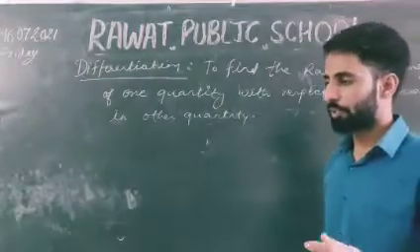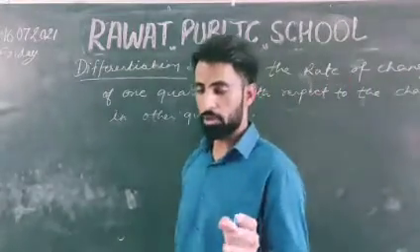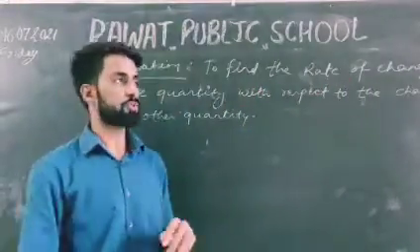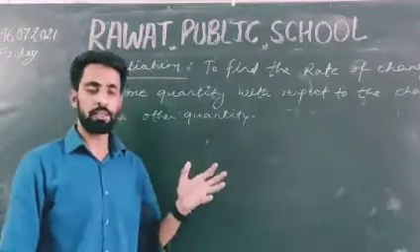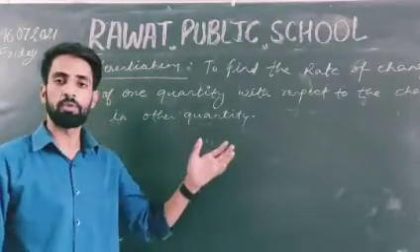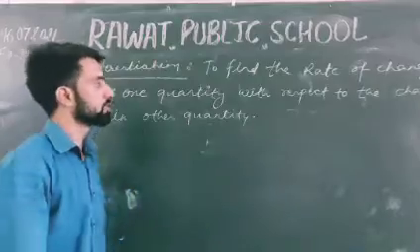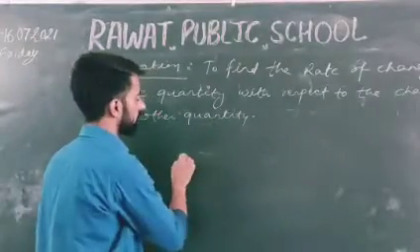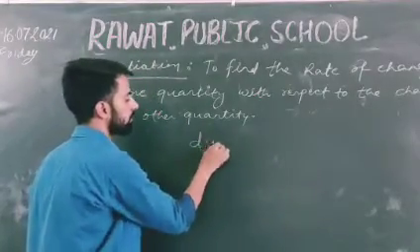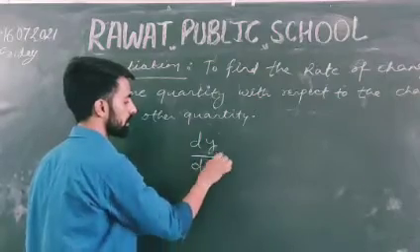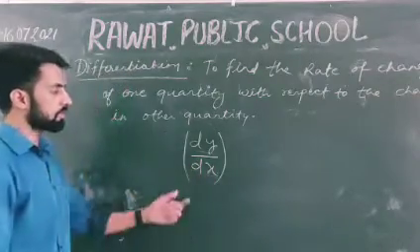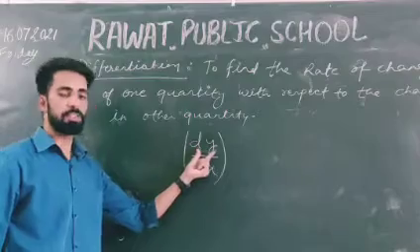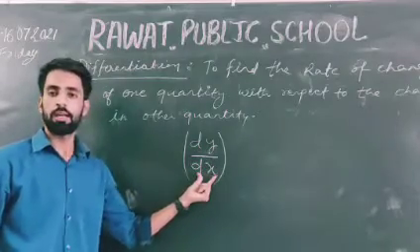In mathematics we usually take the variables x and y to define two different functions. So if I say there are two physical or mathematical quantities x and y, the differentiation can be defined by dy by dx. How do we read this? This is the rate of change in y with respect to the change in x.